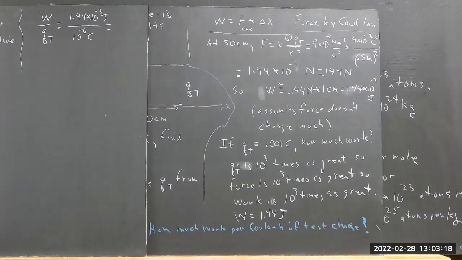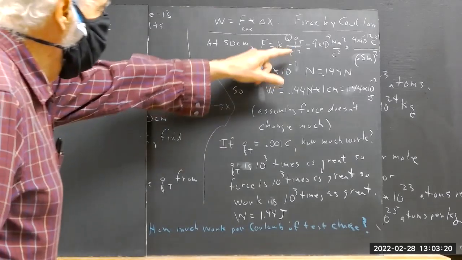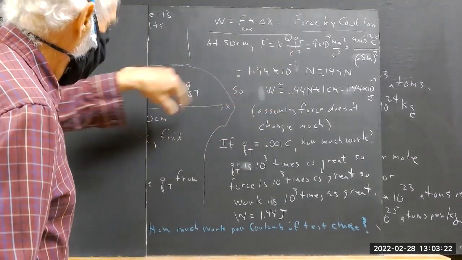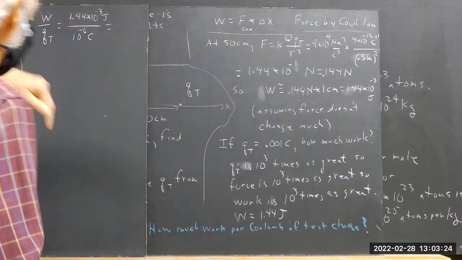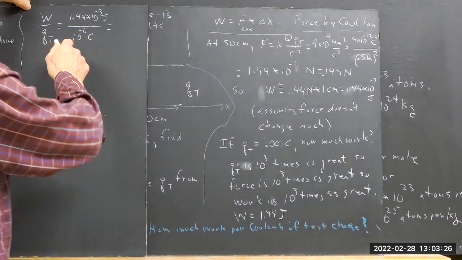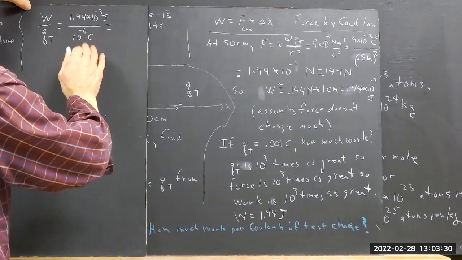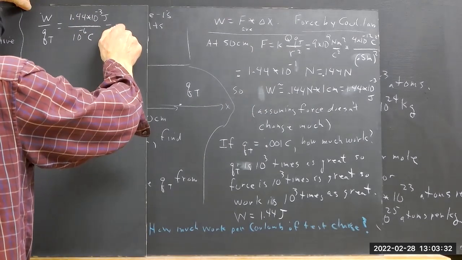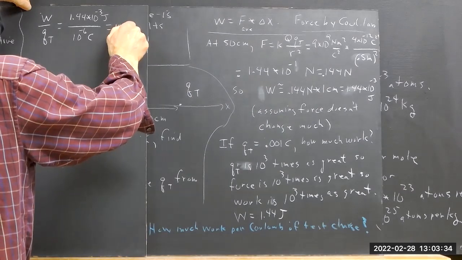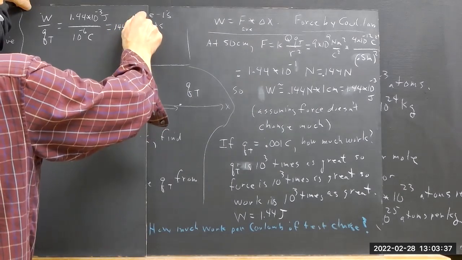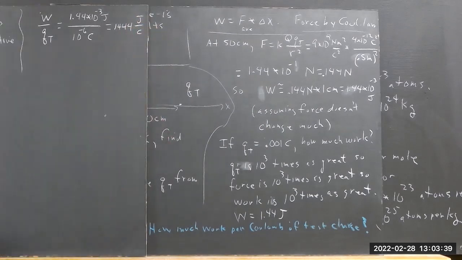Okay, well, you see this. You get this much work when you have this many coulombs. Well, there was 1 microcoulomb, okay? So it's going to be the work done divided by the number of coulombs, which is, in this case, 1,444 joules per coulomb.